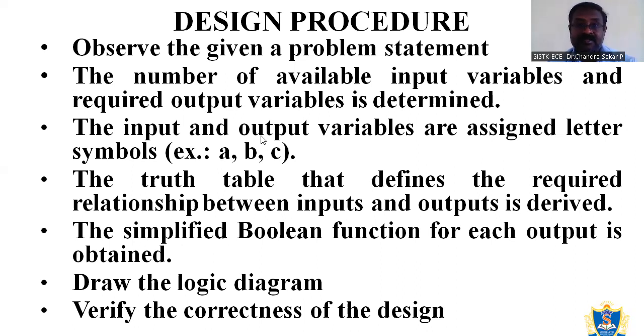If you are not attaining the solution for the problem statement, then again we have to check the truth table, whether we derived the exact output for the corresponding input or not.